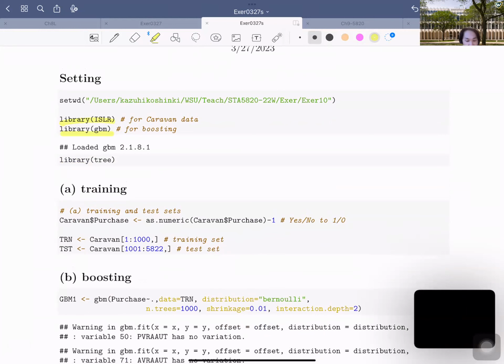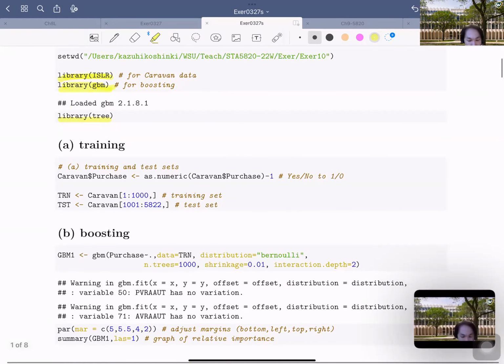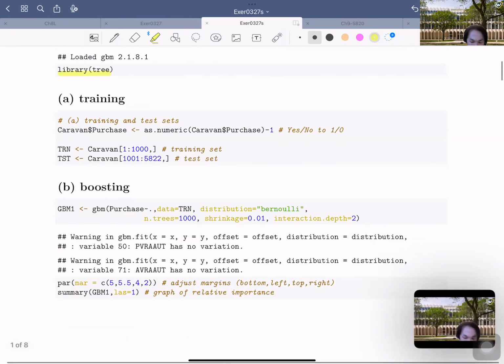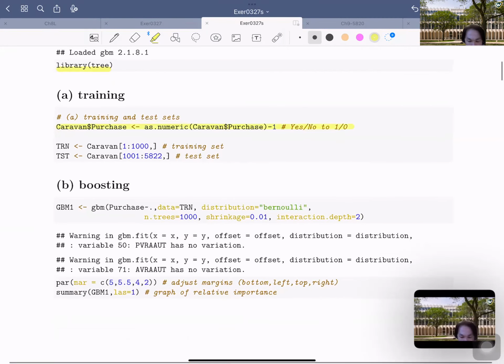Thank you. So we have to load the data, ISLR for data, and gbm and a tree-based package. Maybe we don't use this, but also a random forest package later. For the training set, at first, for the response variable, we want to make yes into 1 and no into 0. But originally it's coded as no is 1 and yes is 2, in alphabetical order.